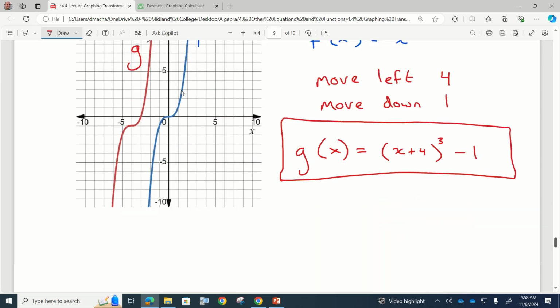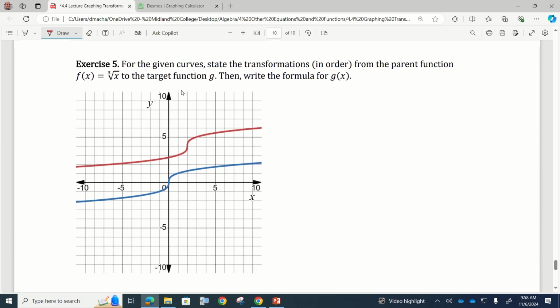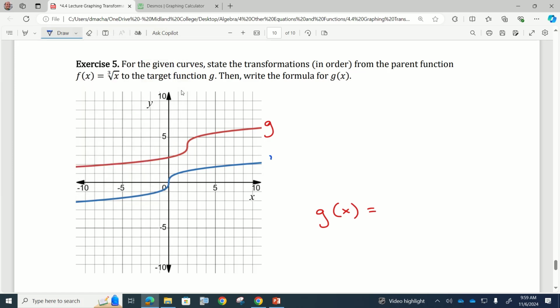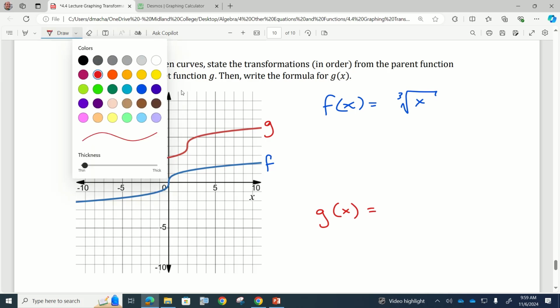All right, this is my last example for the day. So here's my g function. I eventually want to be able to write what the formula is for that curve. And then here is my f function. F is just the cube root of x. What is different about the red curve?